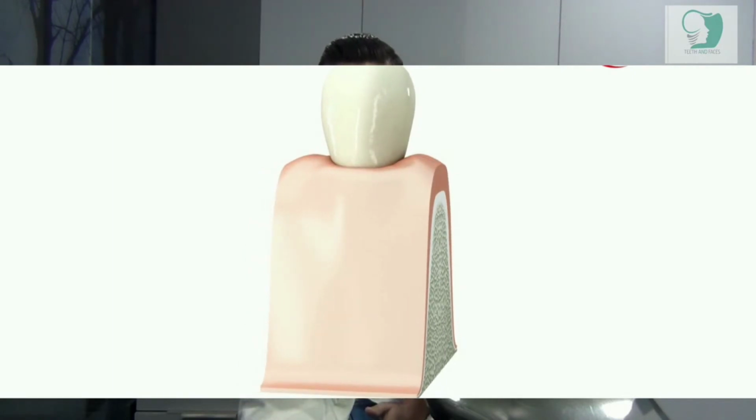A dental implant is most commonly made up of titanium, which is a bio-inert material. Sometimes it has a positive effect on the native bone, causing a positive deposition of bone onto the surface.